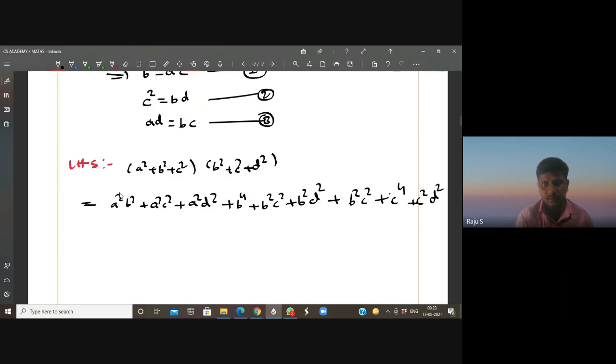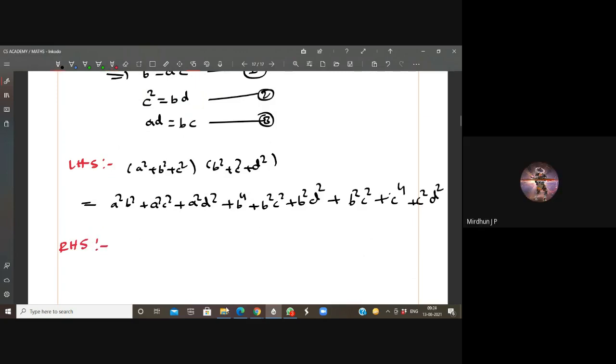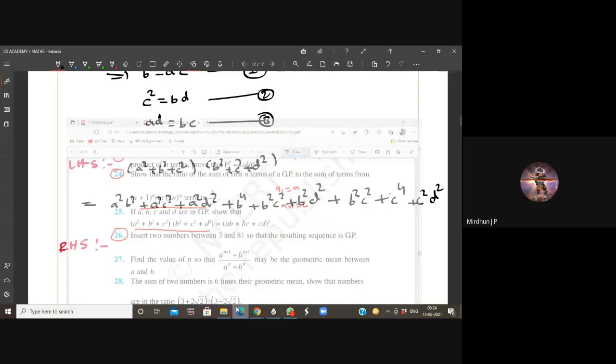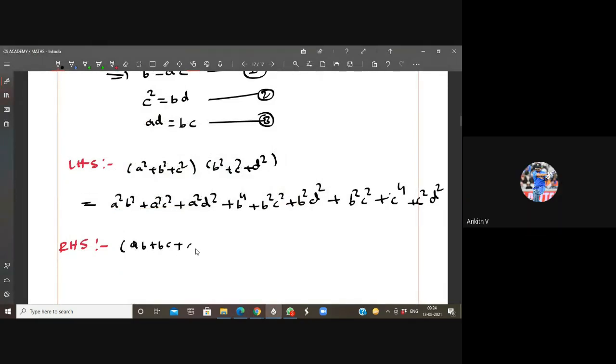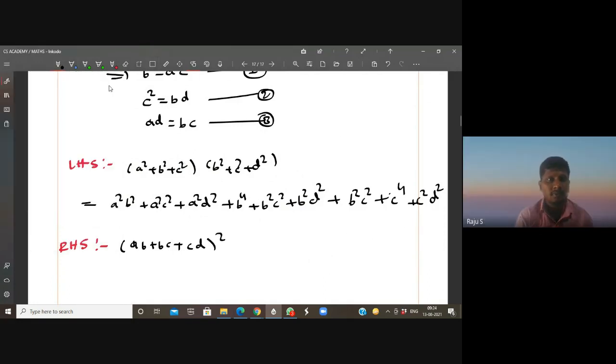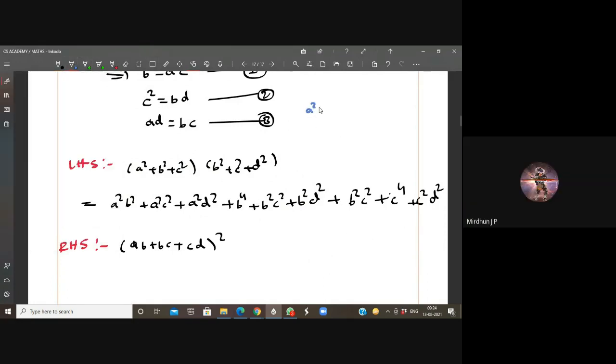Let us take this as the LHS. What is the RHS? They gave AB plus BC plus CD the whole square. It is of the form A plus B plus C whole square. What is the formula for A plus B plus C whole square? A square plus B square plus C square plus 2AB plus 2BC plus 2AC.